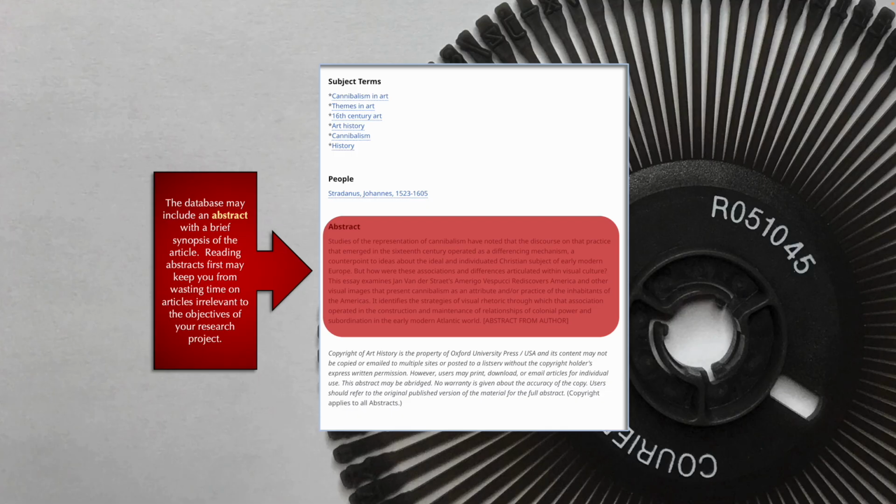Like the title of the article might sound fantastic. You might say, this is great. This is exactly what I'm looking for. And you open it, and like 30 minutes into reading the article, this is not what I wanted. There's nothing useful here. So having an abstract up front like this can be very useful, save lots of time. So I recommend reading them.